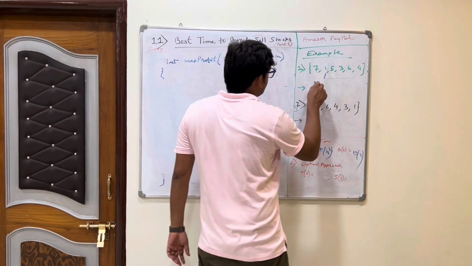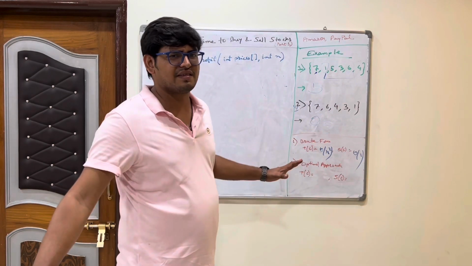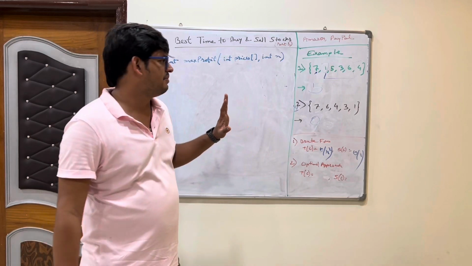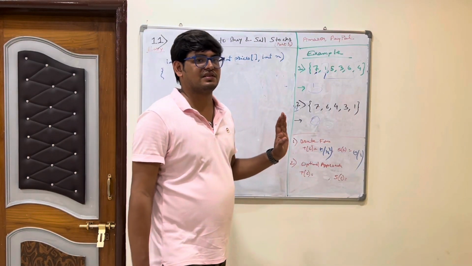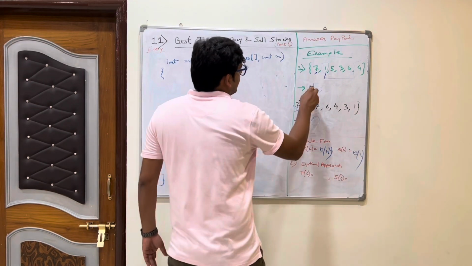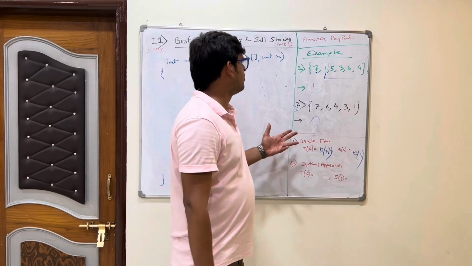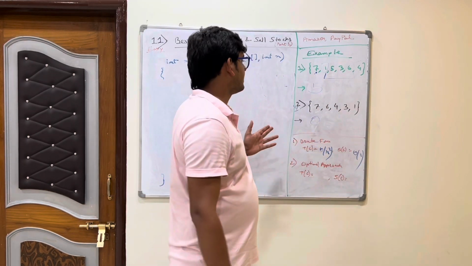Suppose currently the minimum value is a maximum value, say 1000, which we store as the minimum value of the share that we are going to buy. We have that much capacity, but when we get a minimum of 7, then we will say, okay, we'll buy at 7, no issue. But if we sell at 7, we can't sell at 7, right?